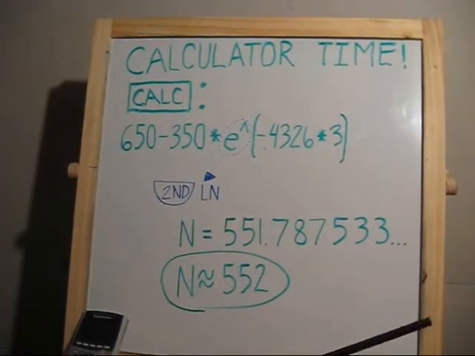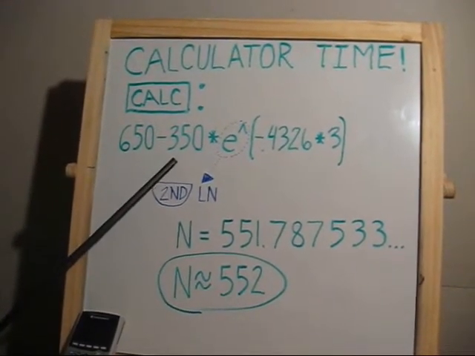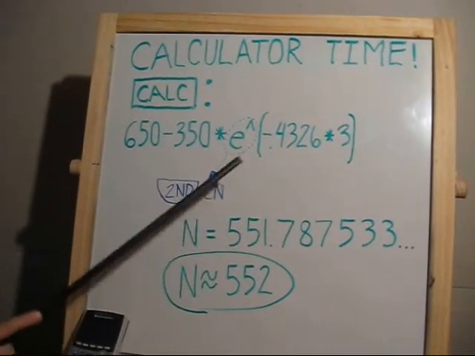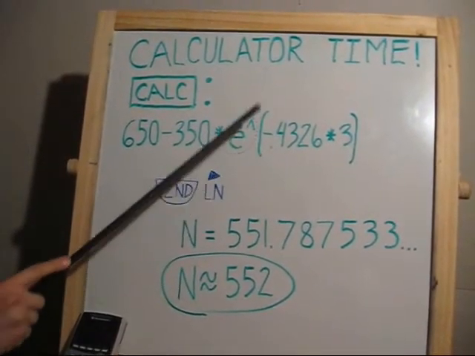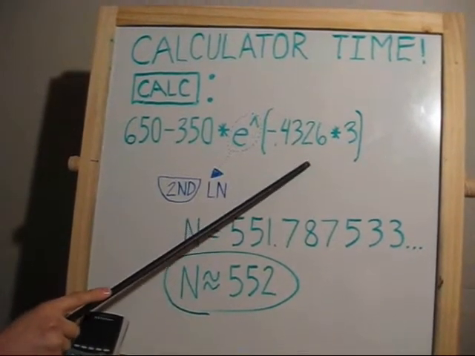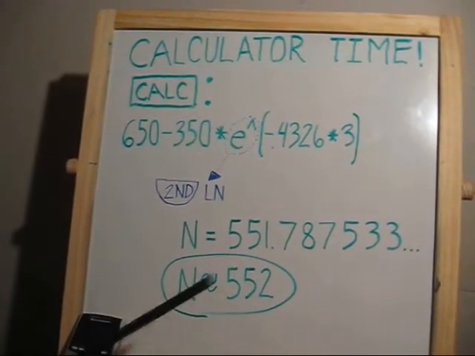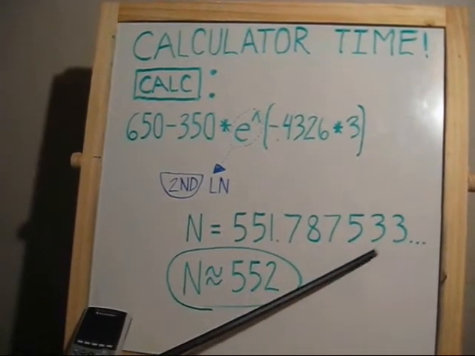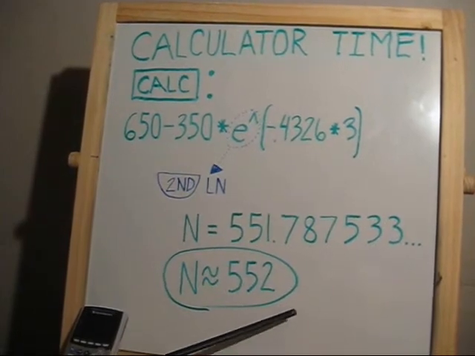Now, to type this into your calculator, you're going to type in 650 minus 350 times e caret, and the way you do that is by hitting second ln, and you'll see this. Now you type in, there'll be parentheses, negative 0.4326 times 3 and parentheses. And then when you hit enter, you will get 551.787533 and so on. And we rounded this off to 552.